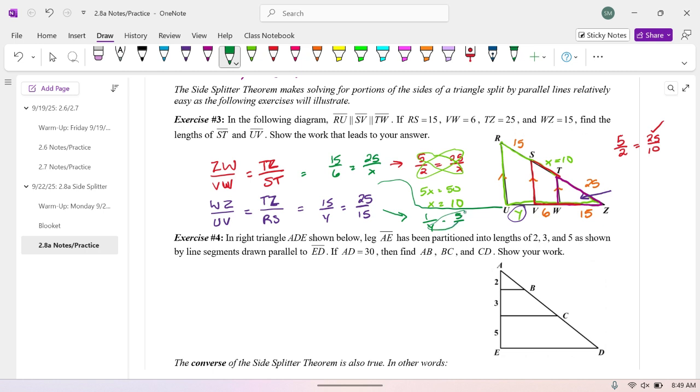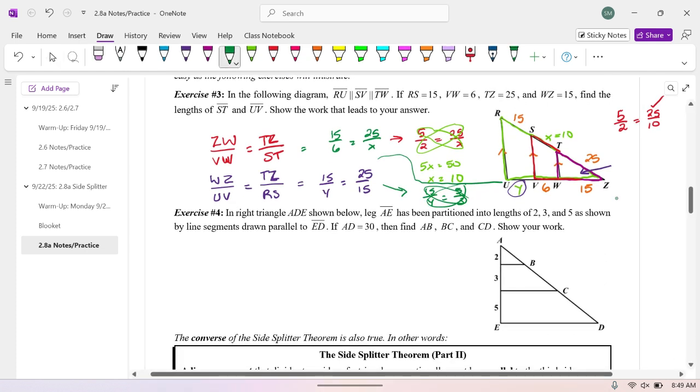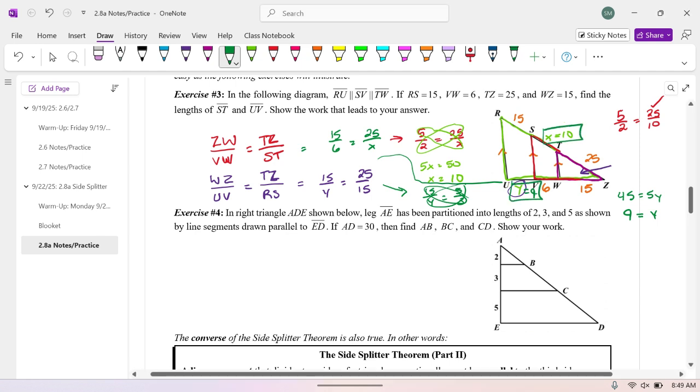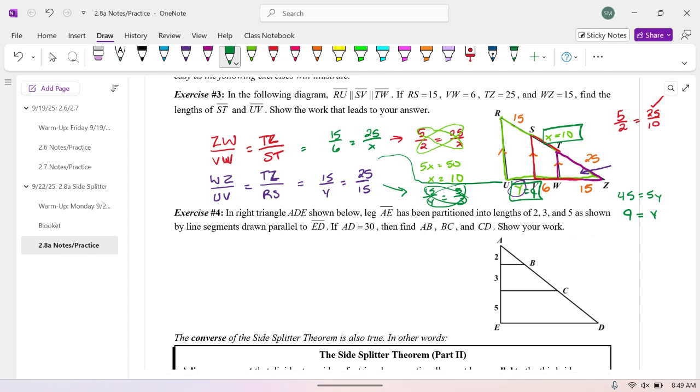Cross multiply. 15 times 3 is 45, which is equal to 5y. So y would have to be equal to 9. So this side here would be equal to 9. And if we check, 15 over 9 does simplify down to 5 over 3.